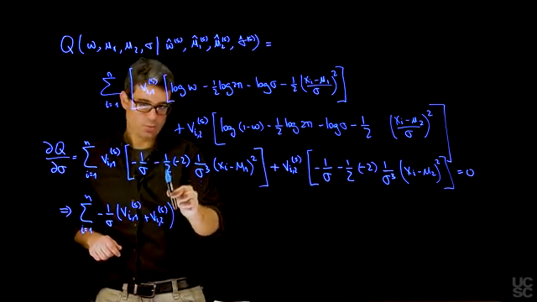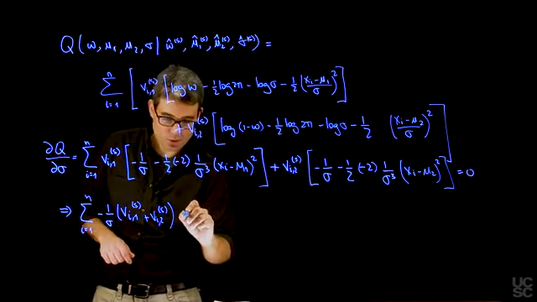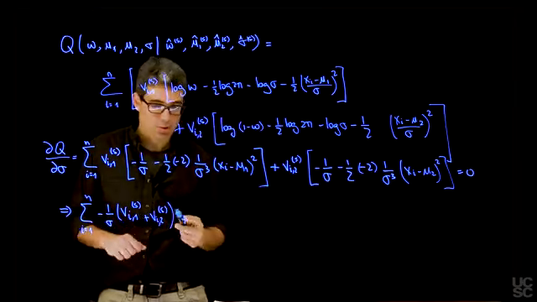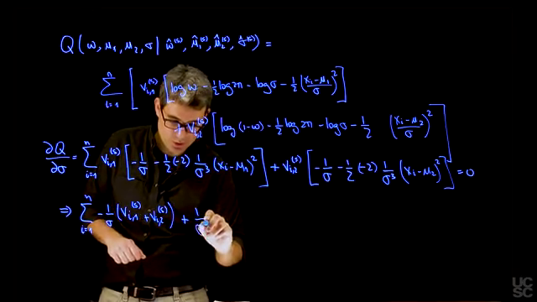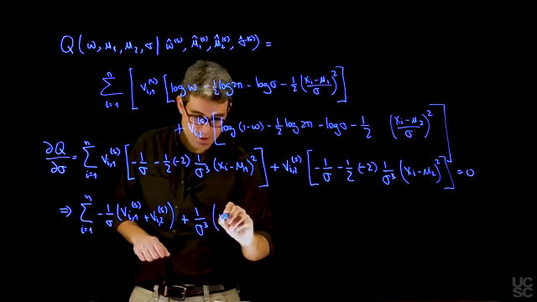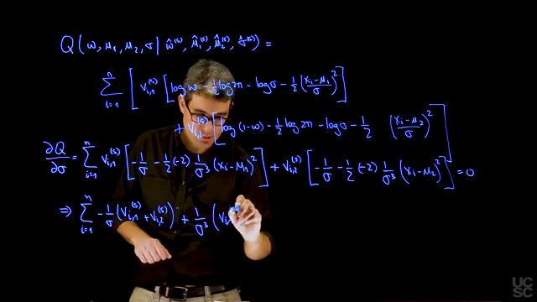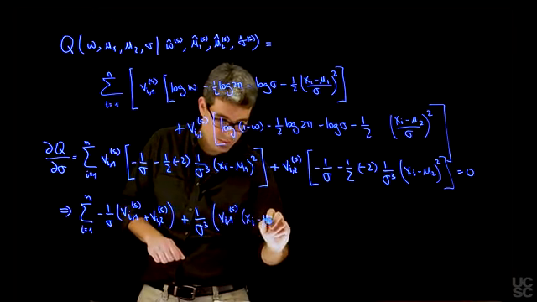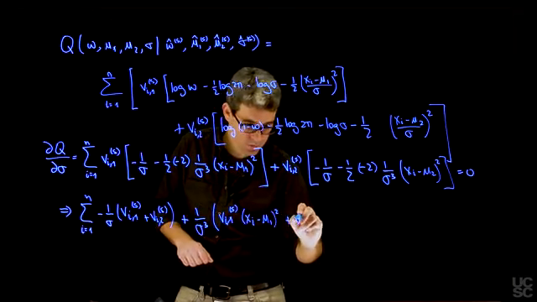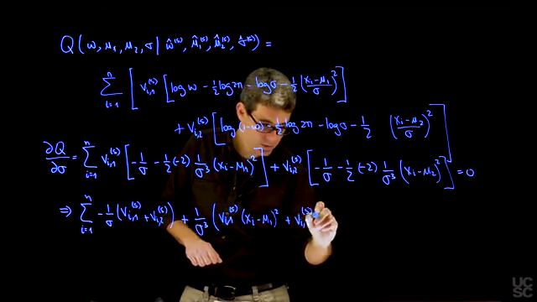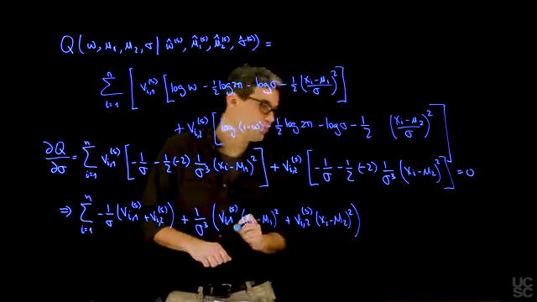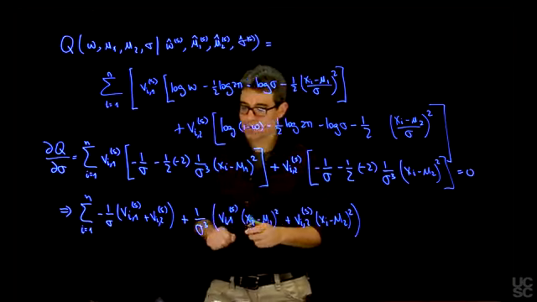Minus 1/2 multiplied by minus 2 is going to end up giving me a plus, just like here, the minus 2 multiplied by minus 1/2 gives me a plus 1. So I have plus 1 over sigma cubed that multiplies bi1 of s times xi minus mu1 squared plus bi2 of s that multiplies xi minus mu2 squared. Okay? So just reorganizing the terms.